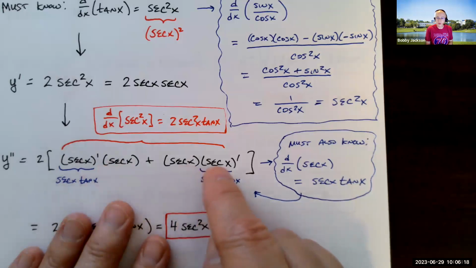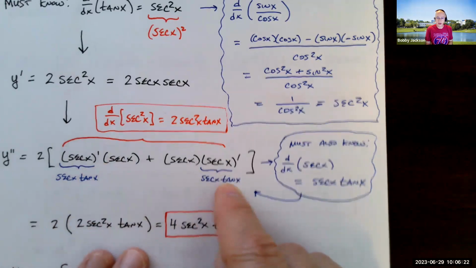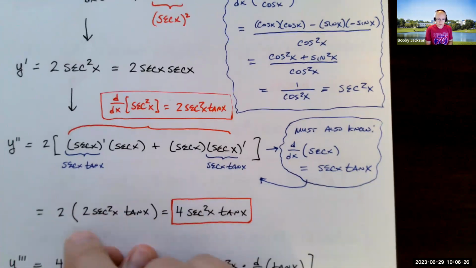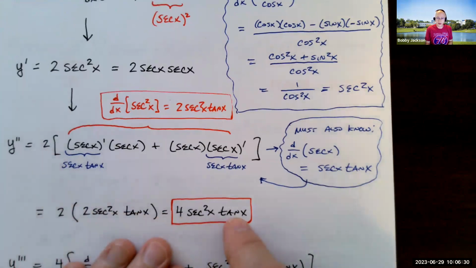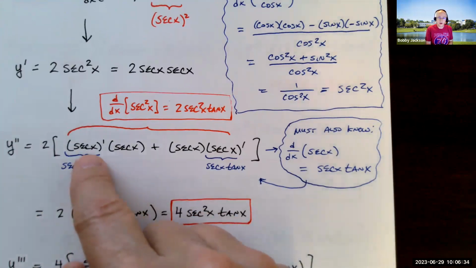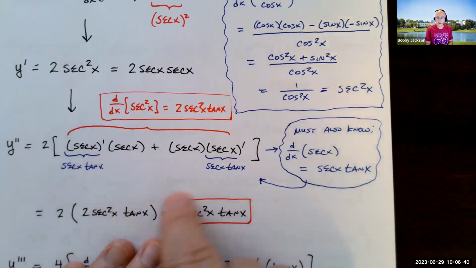And I have secant squared x times tangent x here. So that's 2 secant squared x tangent x. And then I have this 2 out here, multiplied by 2, I get 4 secant squared x tangent x. Okay. Just a note, because we'll need this in the third derivative. By the way, this is the second derivative. Okay. That's the first thing we need to find.